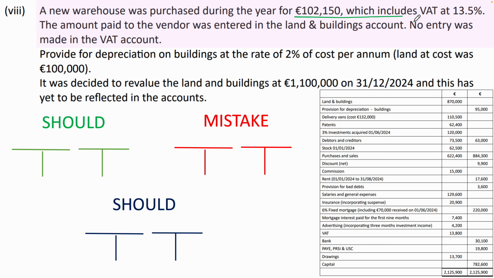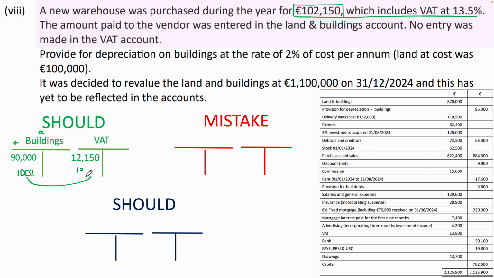So this figure here, the 102,150, represents 113.5%. So what should happen in this scenario is that the asset buildings should be increased by 90,000, which is 100%, and then the VAT attached to that should go into the VAT account on the same side as the buildings.